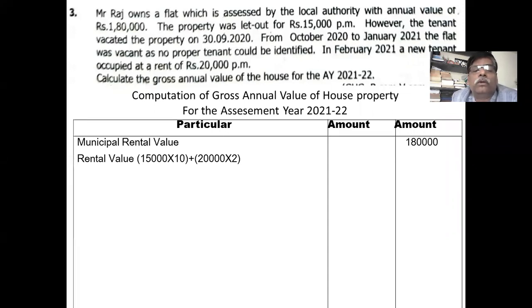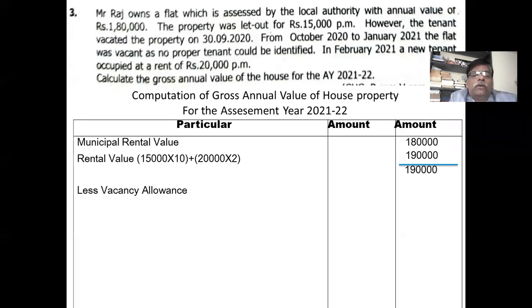And 15,000 into 10, 1,50,000. 1,50,000 first period, second period 40,000. So total rental value is 1,90,000. Out of these two, whichever is more, you have to take. So 1,90,000 is more. You take that value.